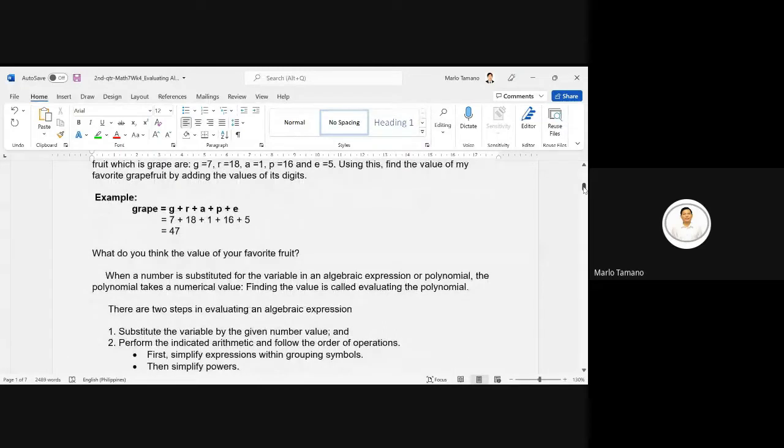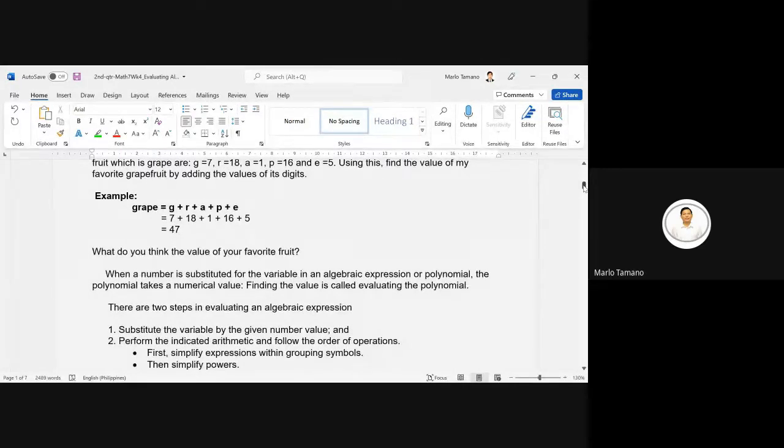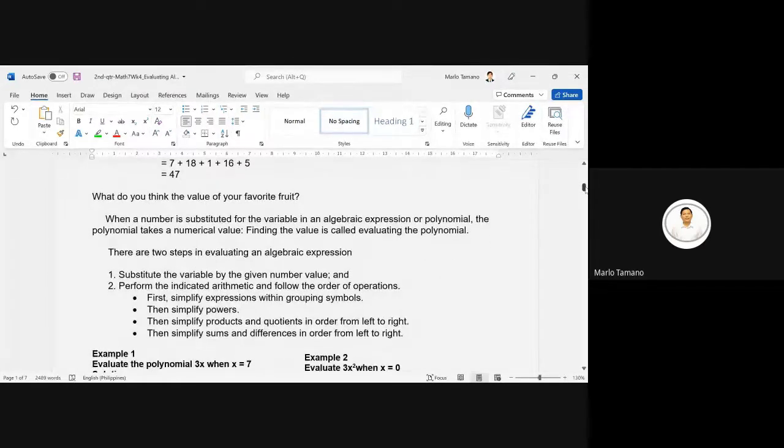When a number is substituted for the variable in an algebraic expression or polynomial, the polynomial takes a numerical value. Finding the value is called evaluating the polynomial. Okay? There are two steps in evaluating an algebraic expression. First, you have to substitute the value or the variable by the given number value.